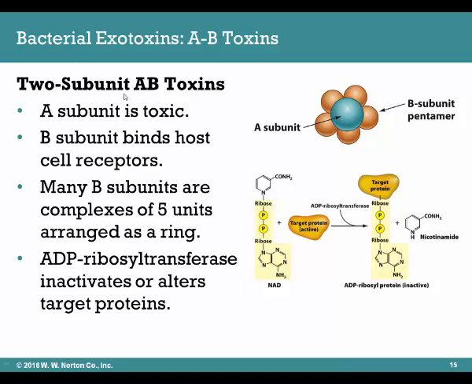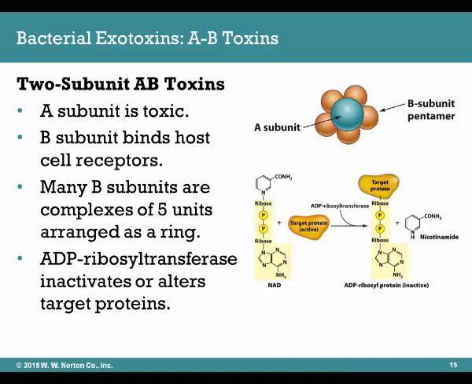All right, so let's take a closer look at the subsets. The bacterial exotoxins are divided into different forms. AB toxins are those that have two protein parts. They have an A subunit and B subunit. They might have more than one B subunit.